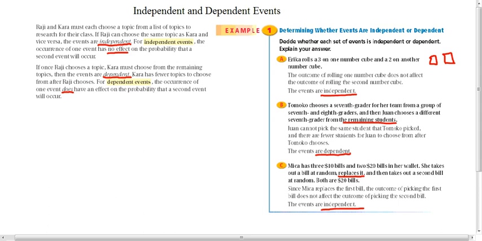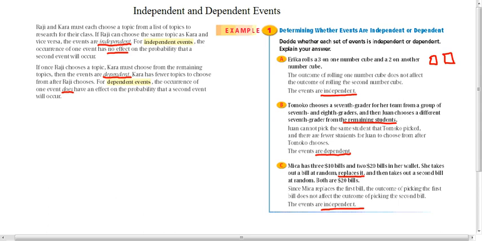So that's just a quick difference between independent and dependent events before we work some problems, which I think we should really go into in the next video.